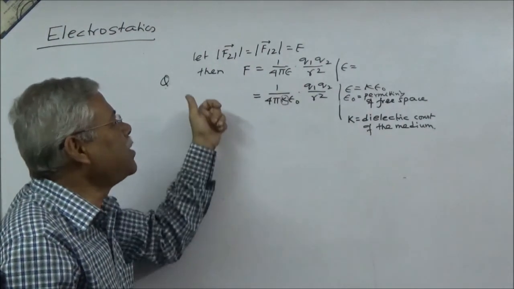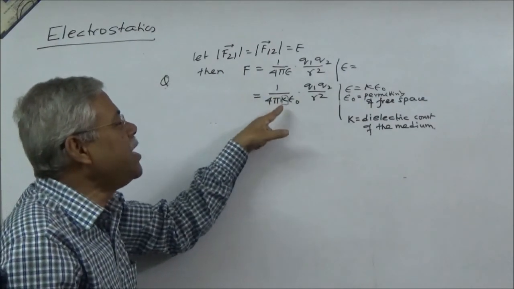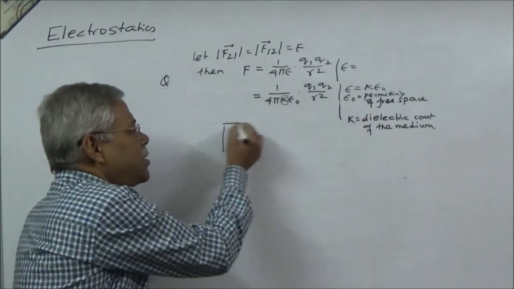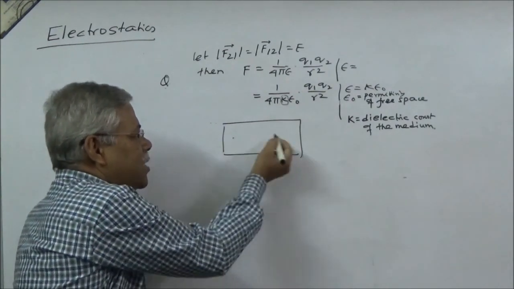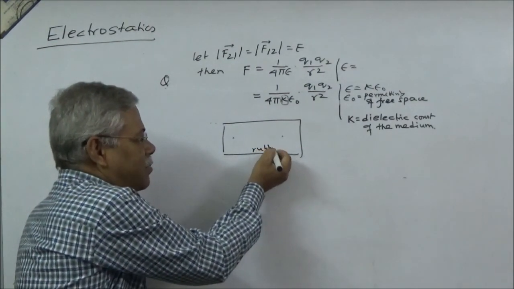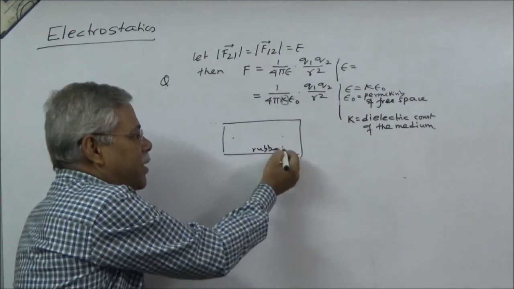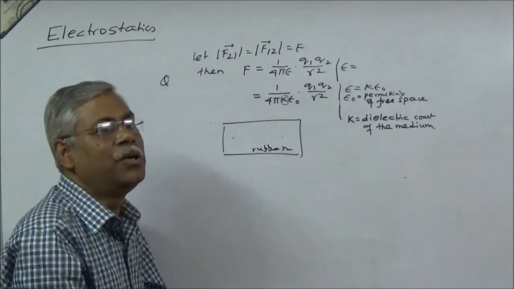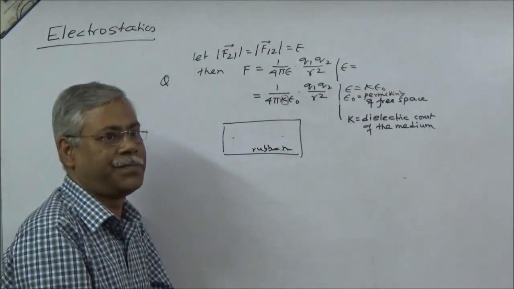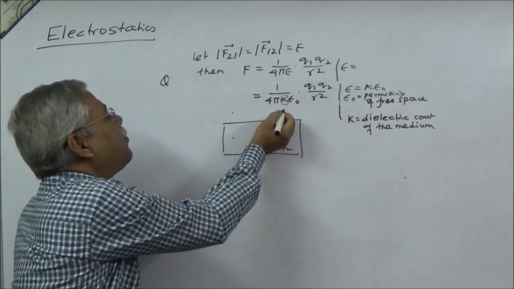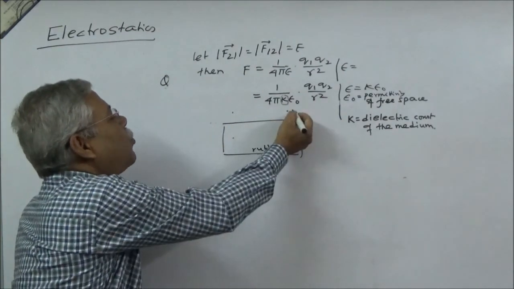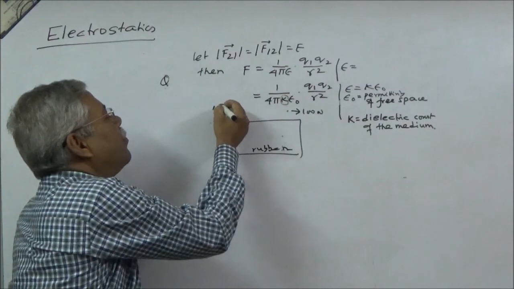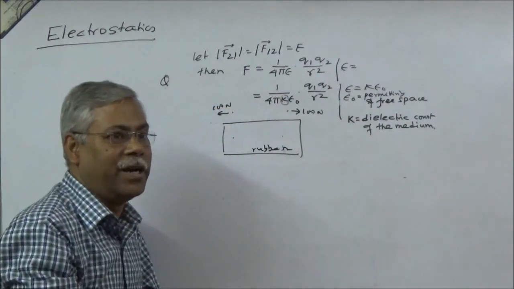Okay, so that means if two charges are placed in a rubber sheet, then the force will be 1/9. In air, suppose the force is 100 Newton.